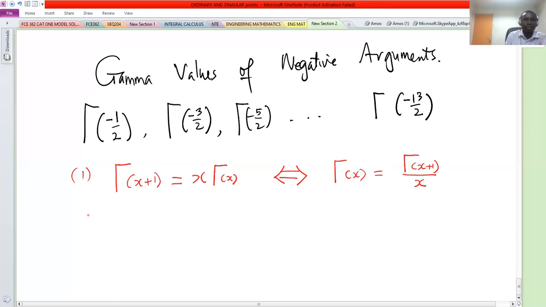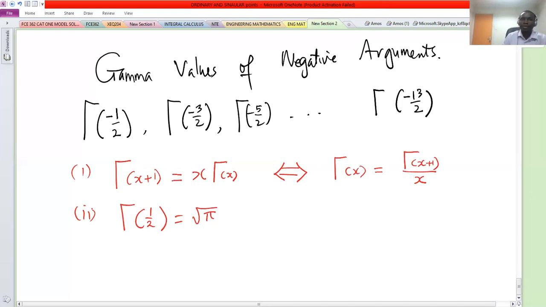And then number 2, gamma of a half is given by root pi. So these are the two tools that will help us to reduce the problems at hand.